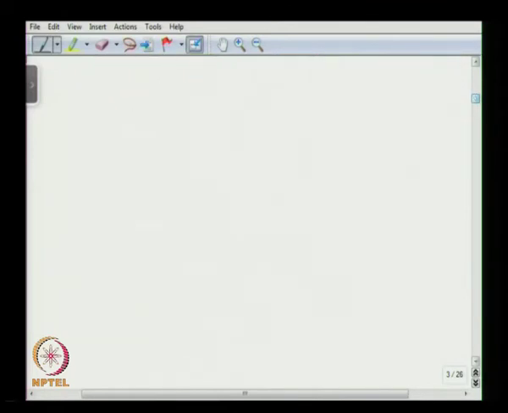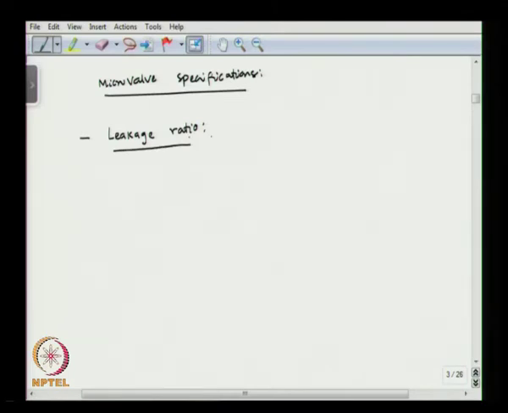So, let us look at the microvalve specifications. The first thing is the leakage ratio. Leakage ratio is the flow rate through the valve in a closed state to that in the open state.